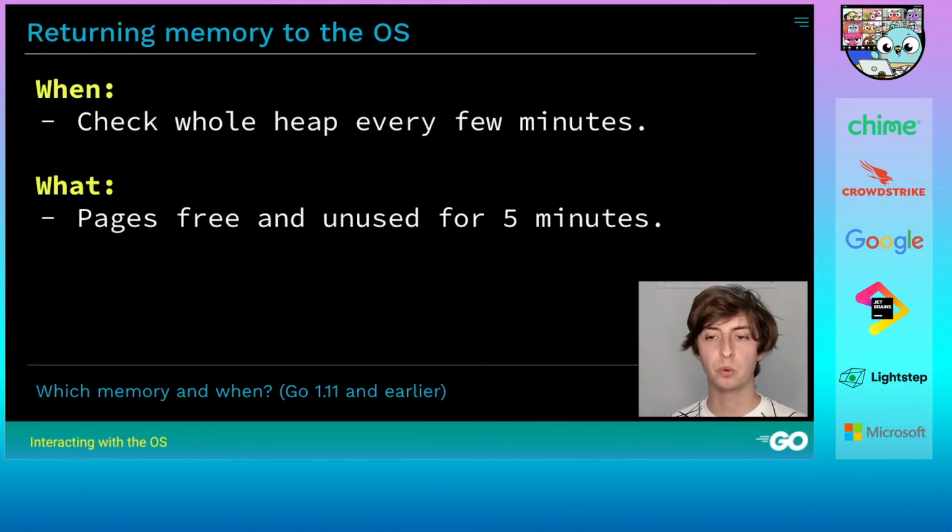Then every few minutes, we'll walk over the whole heap and return whatever's been unused for a long time to the OS. And so note that 5 minutes on a modern CPU is an eternity. So this is very, very safe. And this is what Go 1.11 and earlier did.